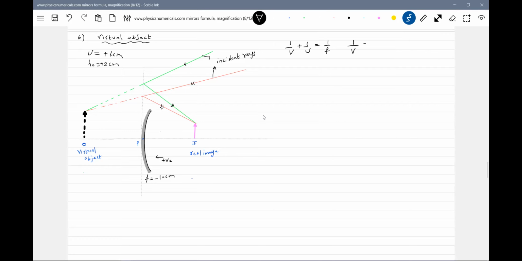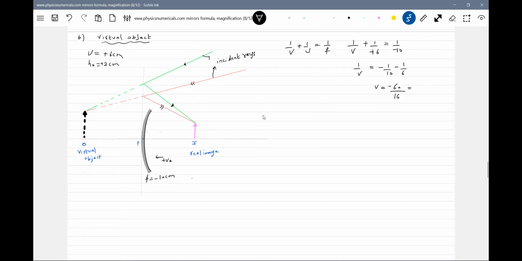So this will be plus 6 minus 10. 1 by v equals, v equal to 60 by 16. It will be negative.